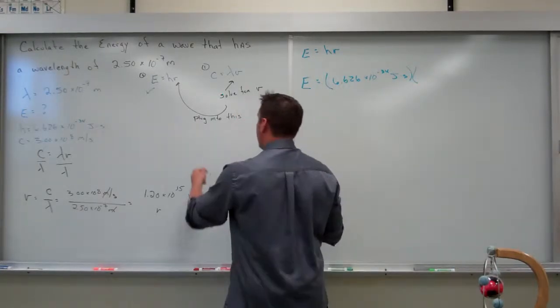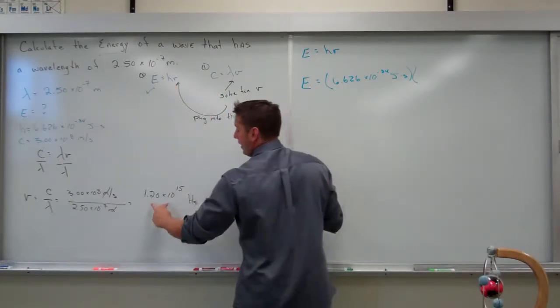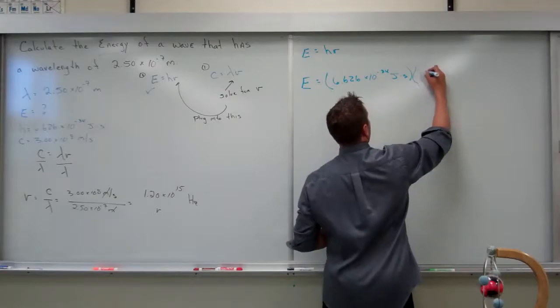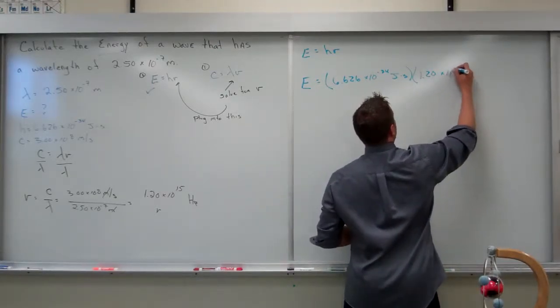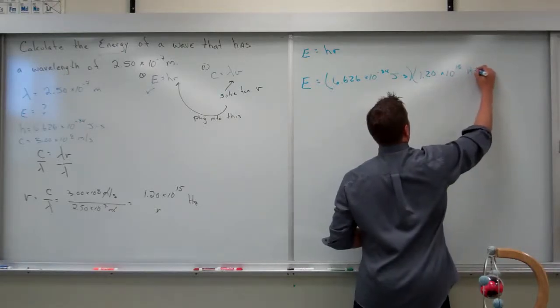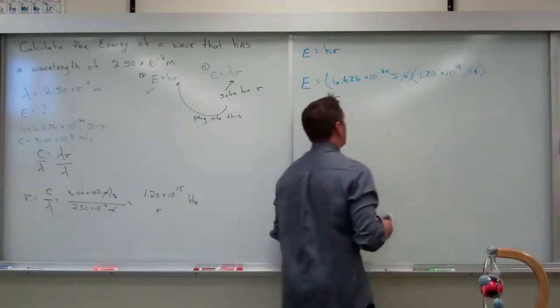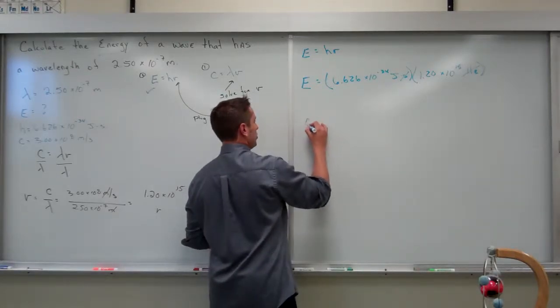And now v we solved for, and we are going to plug it in, the 1.20 times 10 to the positive 15th hertz will get plugged in there. Hertz and seconds will cancel, leaving me with joules.